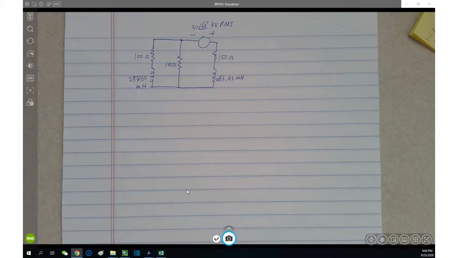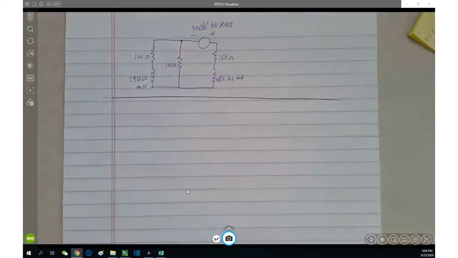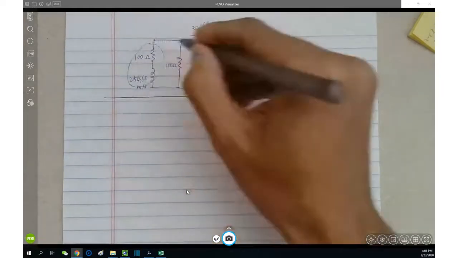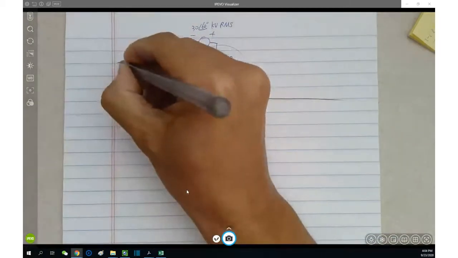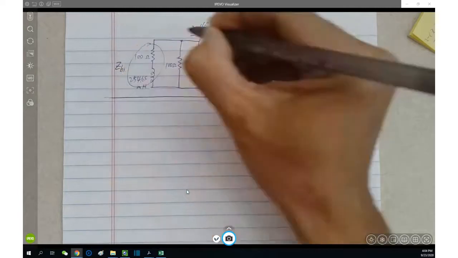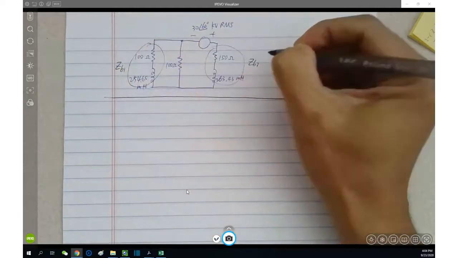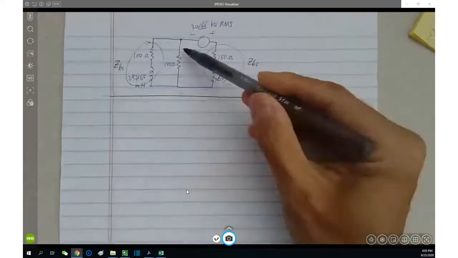This is a single phase circuit. The first thing we need to do, let me use the black color, is consider this branch and this branch respectively as two total impedances, say Z branch 1 and Z branch 3, since this is branch 2.